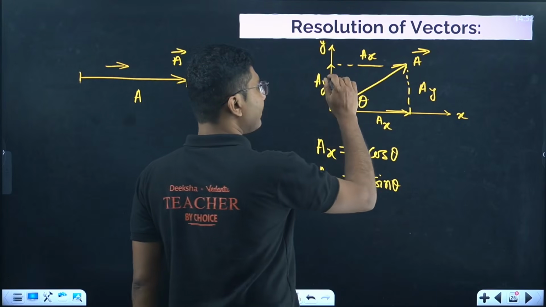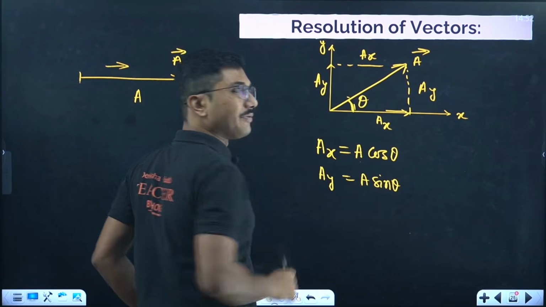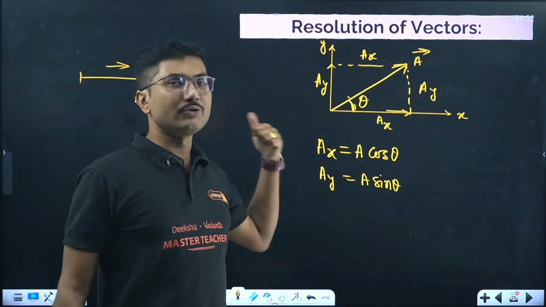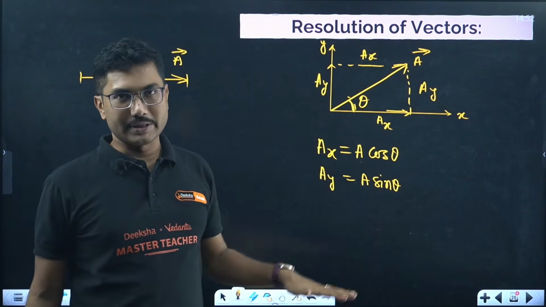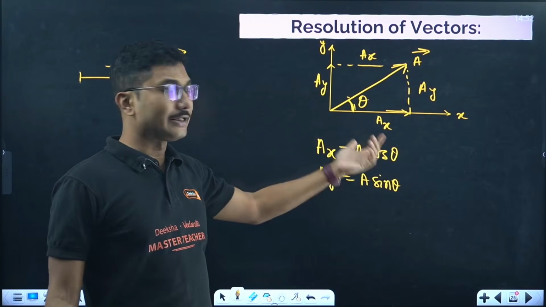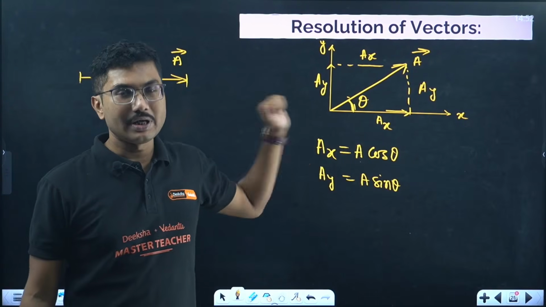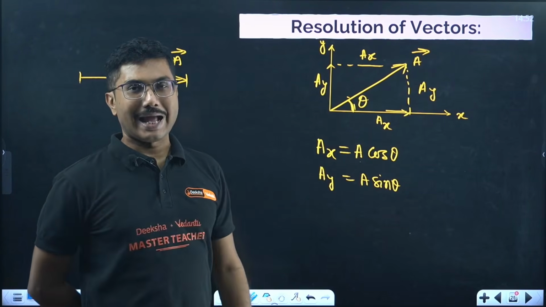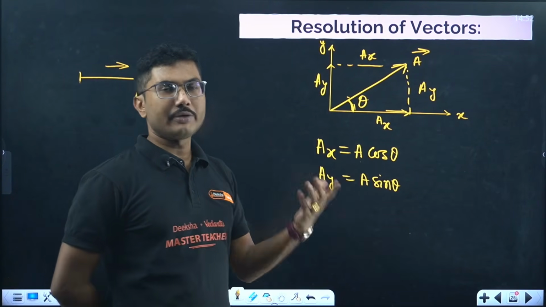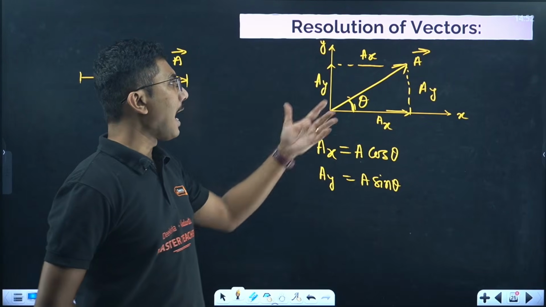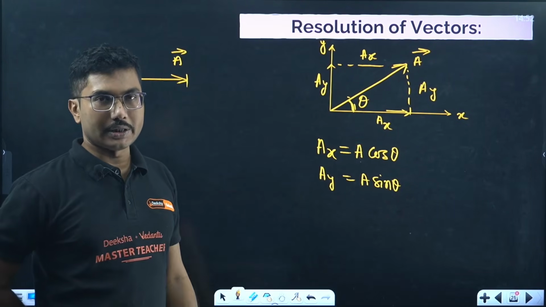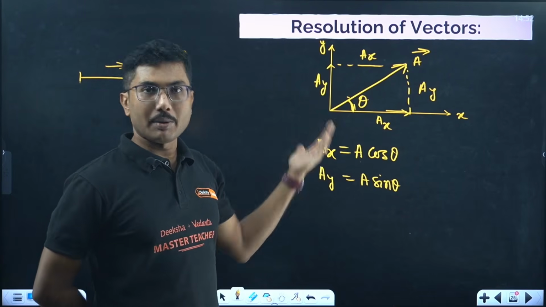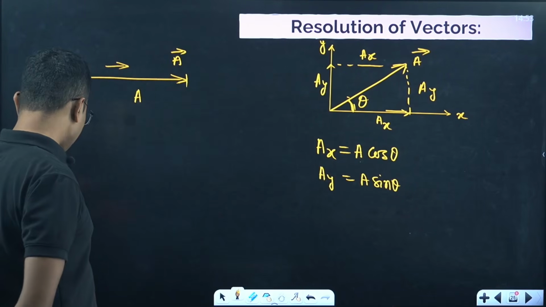Now if instead of this angle, this angle was given as phi, then ay will be a cos phi, and ax will be a sin phi. It does not matter which angle is given, it will not necessarily be only the angle with the x axis, but remember the component which is next to the angle will always be the cos component, which is called the adjacent component, and the component which is perpendicular to it is called the perpendicular component. Adjacent component, perpendicular component. Always remember that.